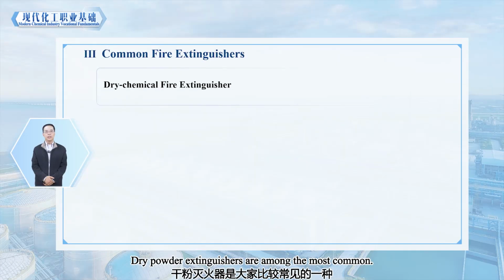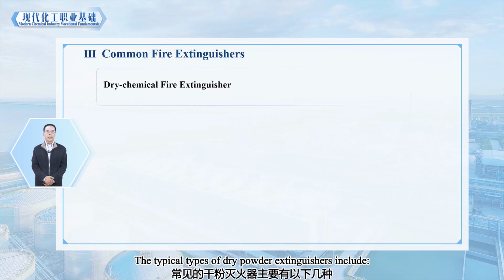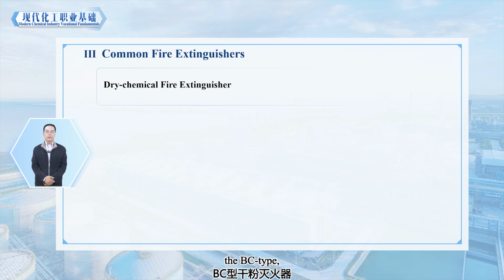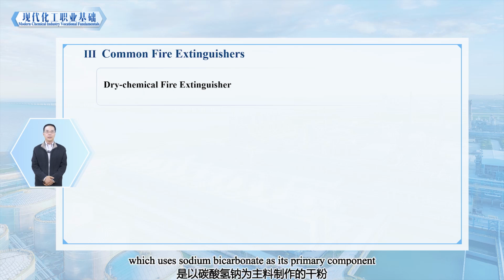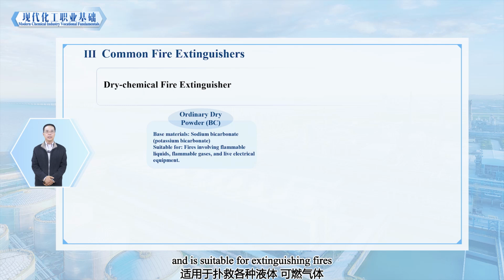Dry powder extinguishers are among the most common. The typical types of dry powder extinguishers include the BC type, which uses sodium bicarbonate as its primary component and is suitable for extinguishing fires involving various liquids, flammable gases, and electrical equipment.